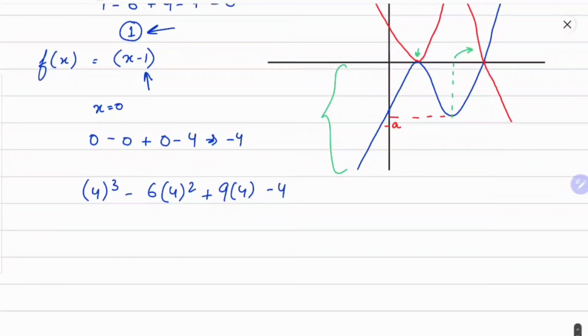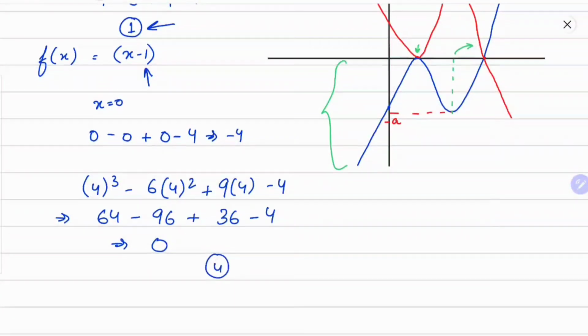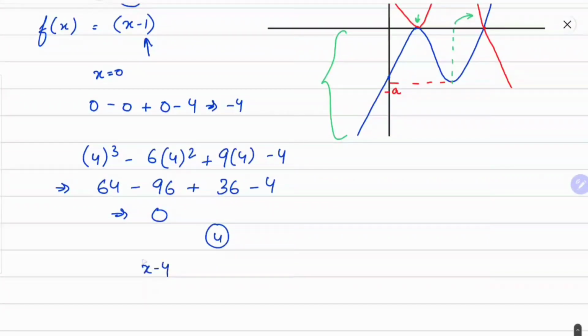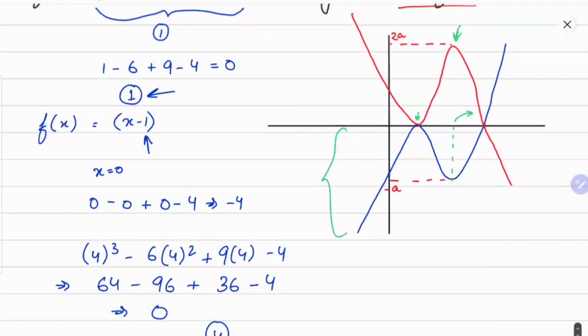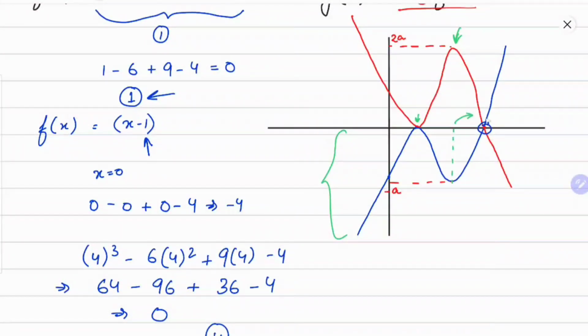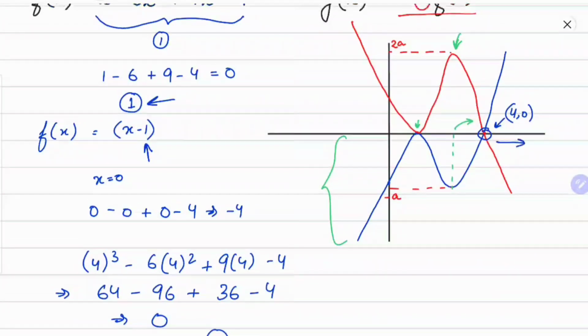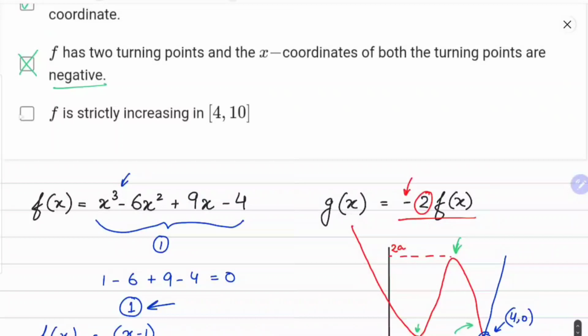Solving this, I get 64 minus 96 plus 36 minus 4, and this comes out to be 0. So 4 is also a root and x minus 4 is also a factor of f(x). This means the point where it is cutting the x-axis is (4, 0). After 4 it is strictly increasing, so this option comes out to be correct.